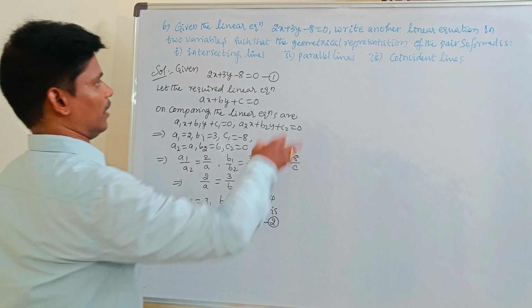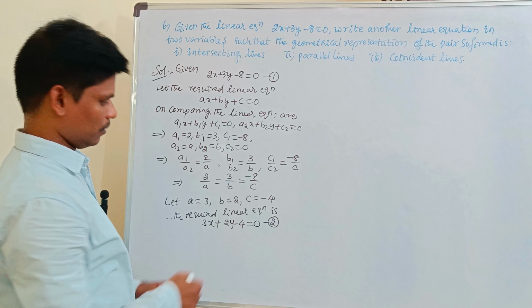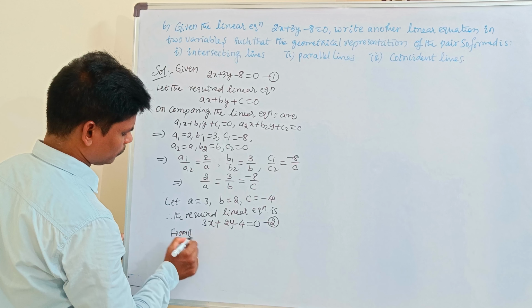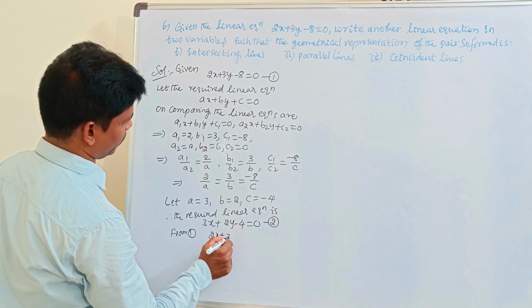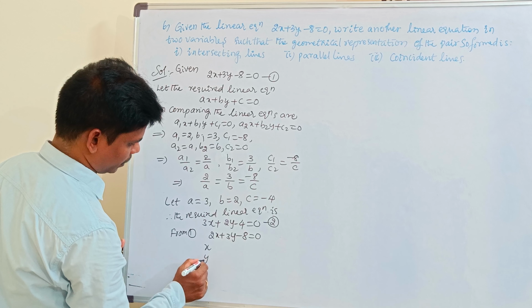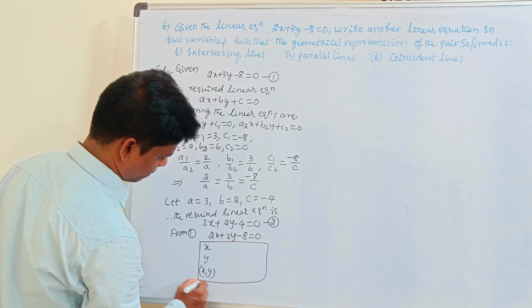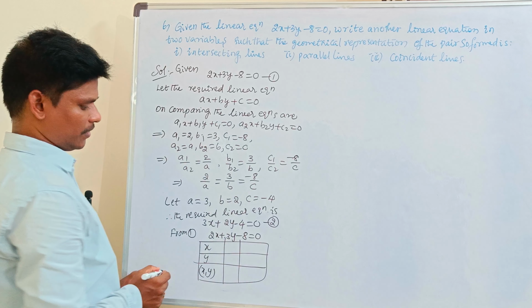So for these two linear equations, find out the solutions. We will show in the graphical representation that those lines are intersecting lines. We will check that. From equation 1, 2x plus 3y minus 8 equal to 0, take two solutions.